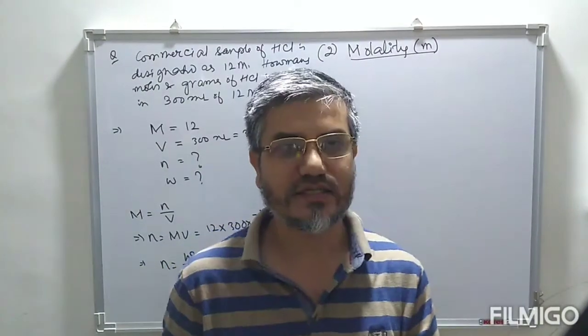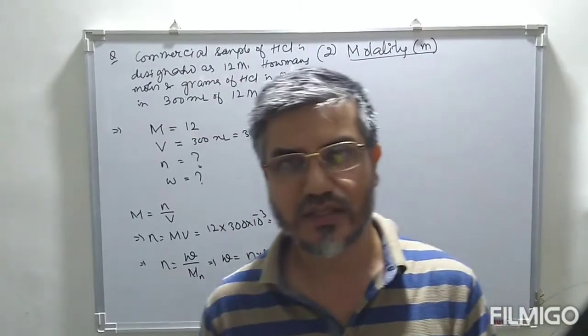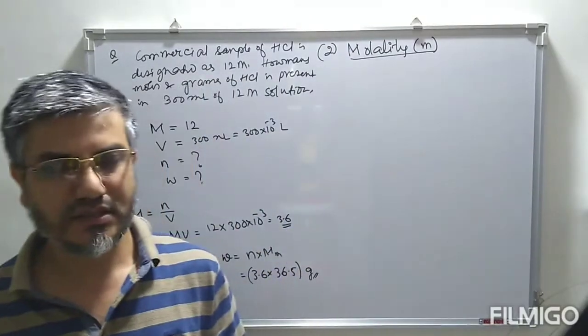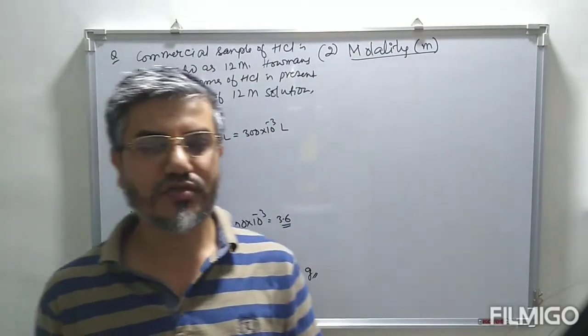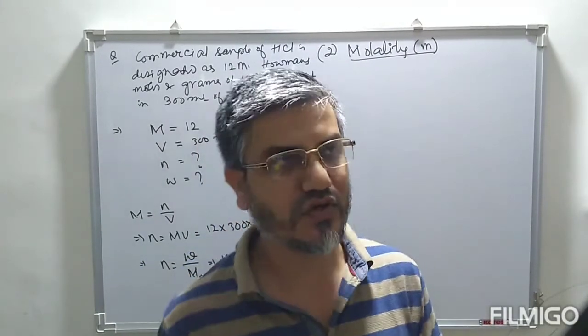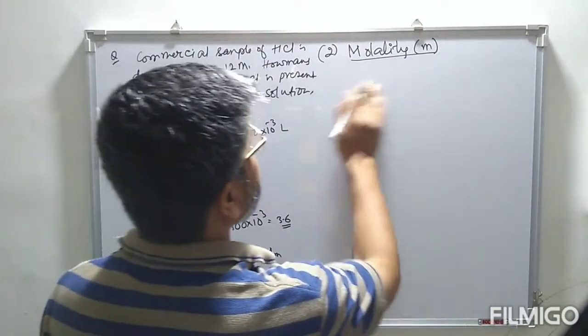Molality is defined as the number of moles of solute present per kilogram of solvent. That means how many moles of solute are present in 1 kilogram of solvent, that is defined as the molality, small m.